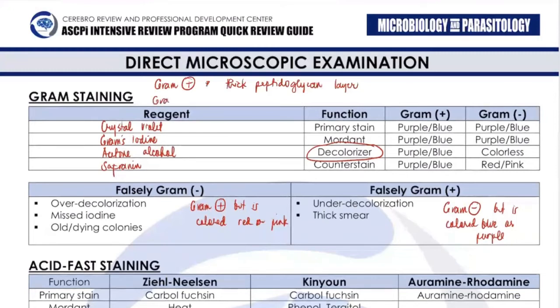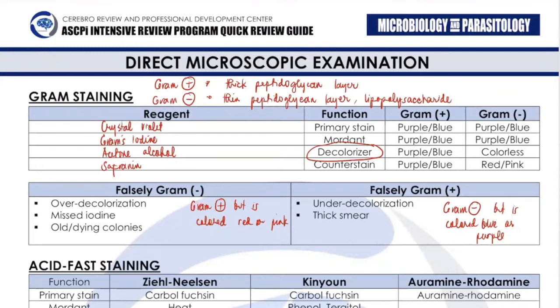Gram-negative organisms only have a thin peptidoglycan layer, and the main component of their outer membrane is lipopolysaccharide.